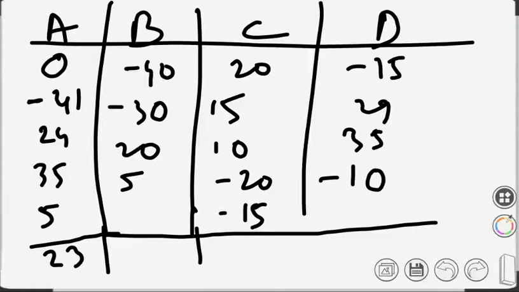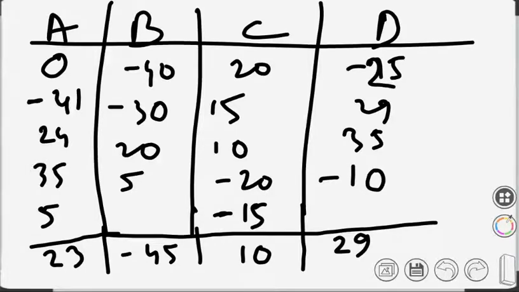The second one is -70, subtracting 25 gives -45. The third one is 15, 20, 10, which gives 29. For column D, -15 and -25, that is -30 plus ... gives 29. Is this okay? 23, -45, 10, 29.